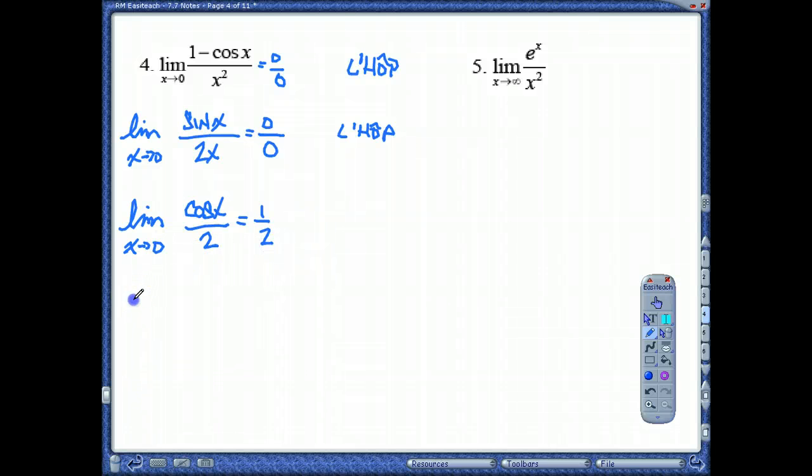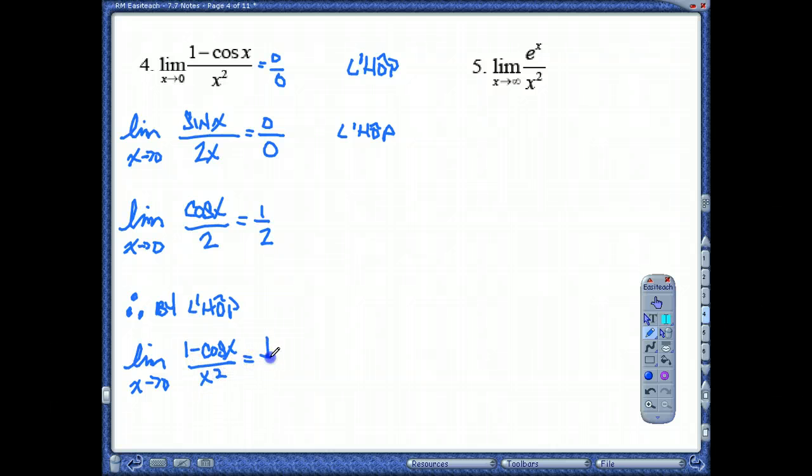So therefore, by L'Hopital's, the limit as x approaches 0 of 1 minus cosine of x over x squared must also equal 1/2. So somewhere you've got to let them know that you're looking at that 0 over 0 form, and then somewhere, therefore by L'Hopital's, somewhere you've got to mention that L'Hopital's rule is applying here.